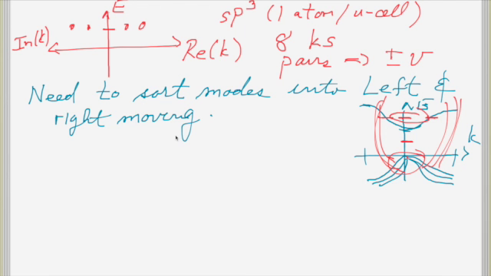So you always get 8, no matter where you are. Most of the solutions will always be these evanescent, exponentially decaying or growing solutions. And so you're going to get your 8 solutions, and then the question is, we need to sort them into right and left moving.